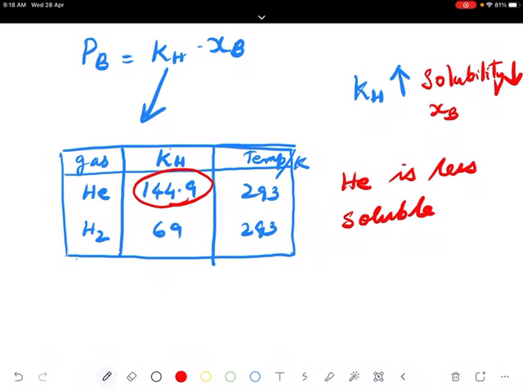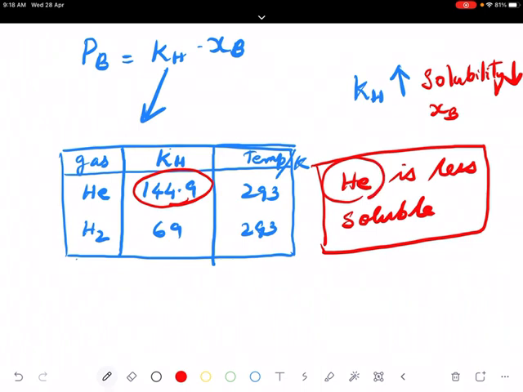Since it is less soluble, helium is utilized in the cylinders of scuba divers who dive deep down the sea.